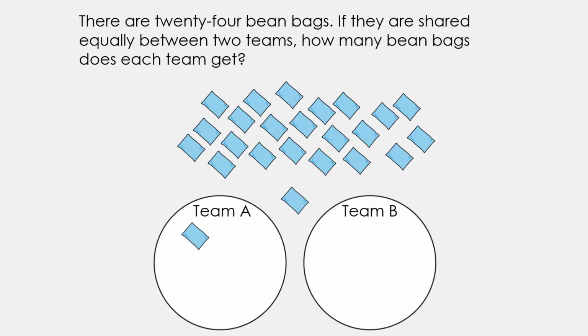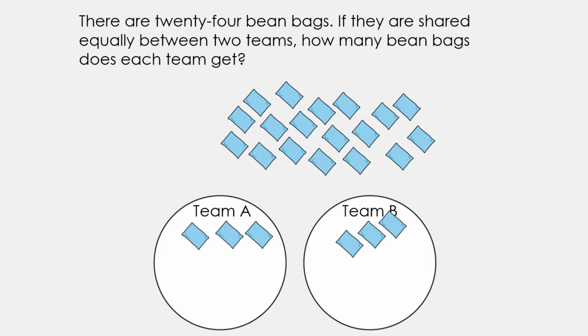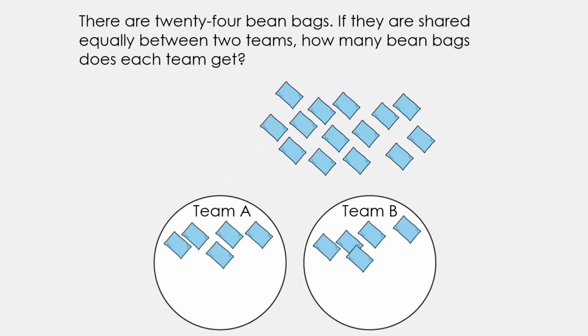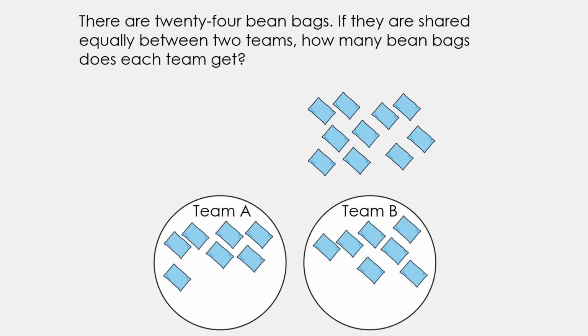Sharing out one by one until there's no beanbags left, just like we did with the conkers, one each. One for Team A, one for Team B, one for Team A, one for Team B, one for Team A, one for Team B. What are you thinking about this method?